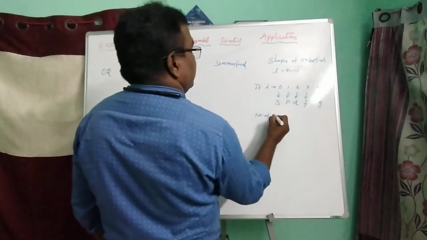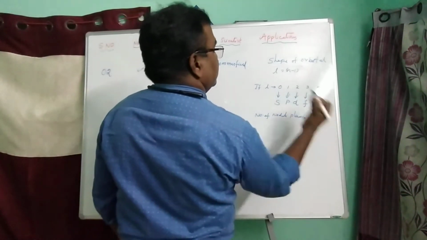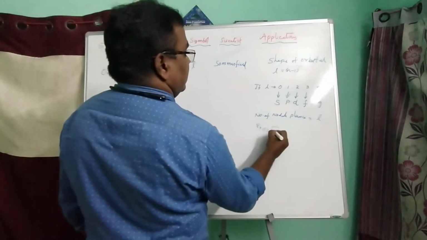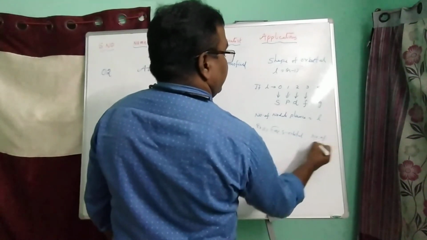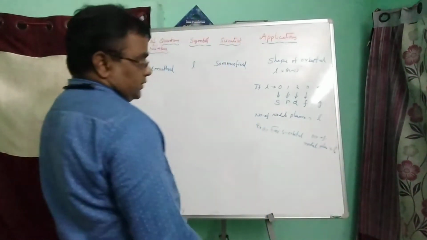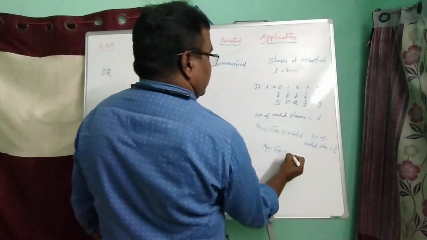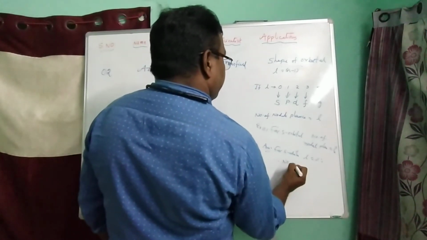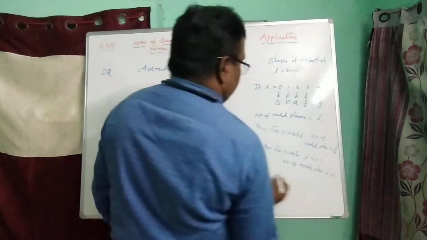The number of nodal planes is equal to the azimuthal quantum number. For example 1, for s orbital, the L value is equal to 0, therefore the number of nodal planes is 0.